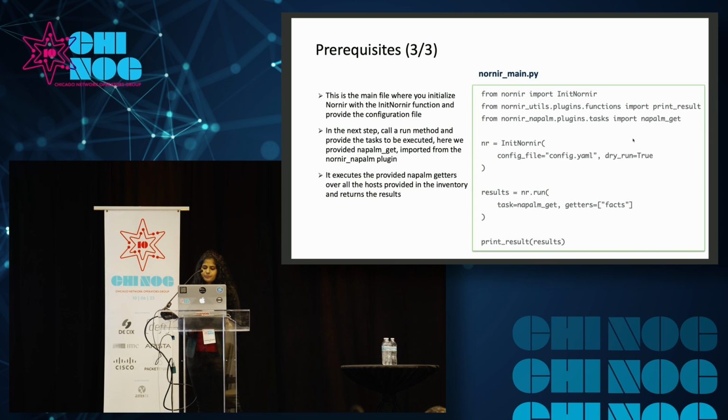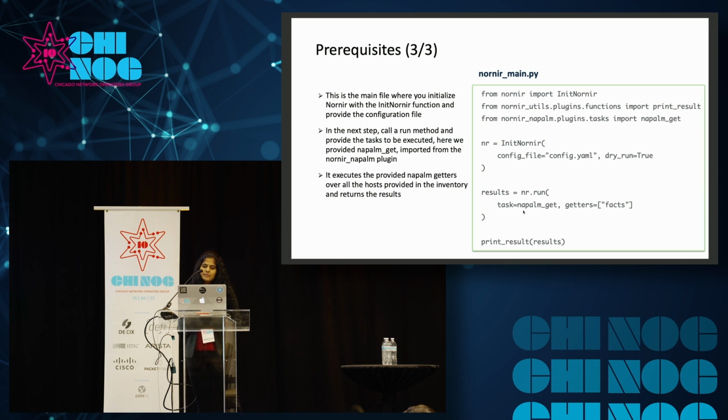Okay, let's go step by step. In the first step, we are initializing the Nornir, and we are providing the config.yaml file in it. Now, to this Nornir object, we are assigning a task, and the task will be napalm_get. So these are all the Napalm tasks.